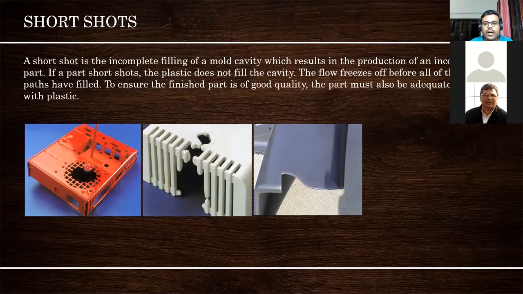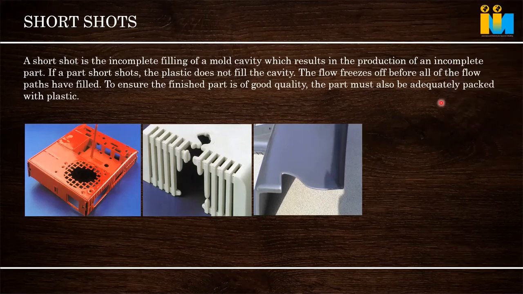If there is a thick pipe and a thin pipe, water flows through the thick, higher diameter pipe, not to the smaller one. Similarly, plastic initially flows in a thicker area. So in this part, wherever the wall thickness is greater, the melt flows in that area initially, and at the end it recognizes there is a thin part. When it fills, the pressure builds up in the cavity, then it understands there is a thin area also.